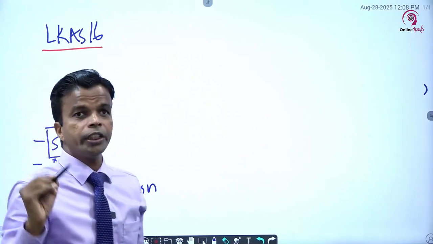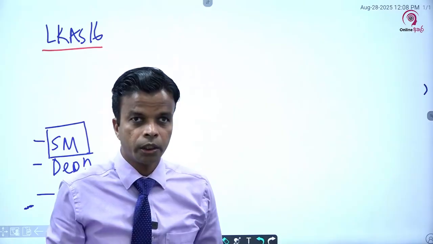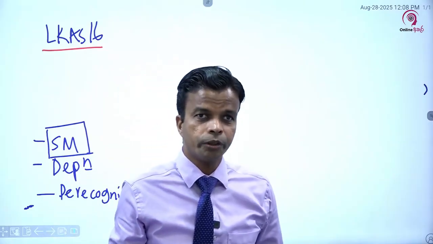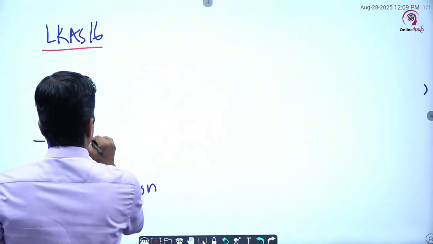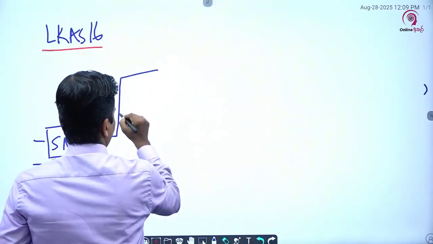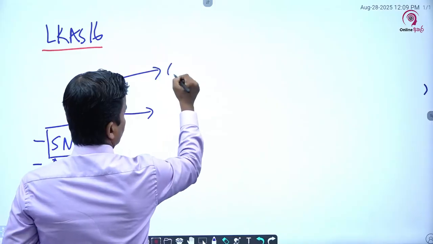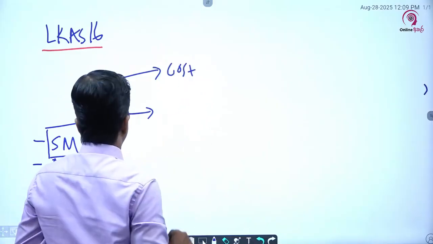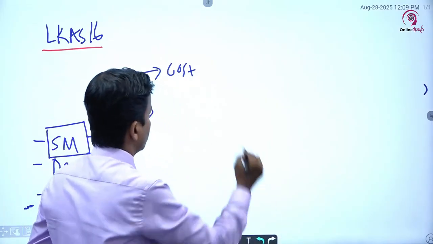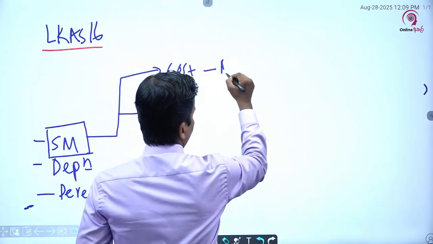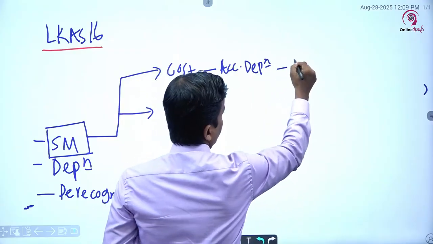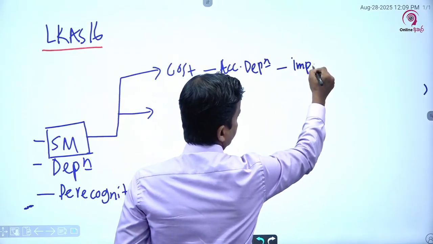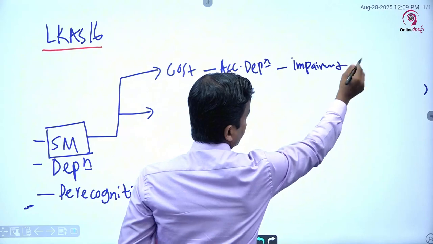Subsequent measurement. Initially we recognize that cost. So when it comes to subsequent measurement, you don't necessarily need to continue at cost. There are two policy choices, right? One, you can continue recording at cost less accumulated depreciation less impairment, right?